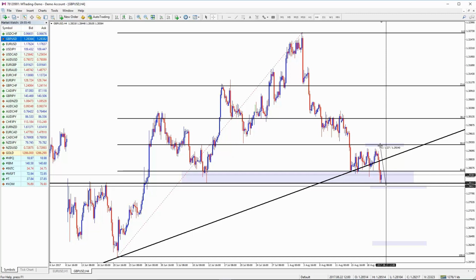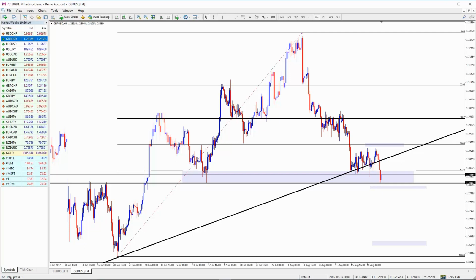So that's a 122 pip stop loss. My potential target is close to 174 pips. So I'm looking to achieve 174 pips and looking to risk 120 pips. Just by knowing that, I am achieving a better than one-to-one risk to reward.